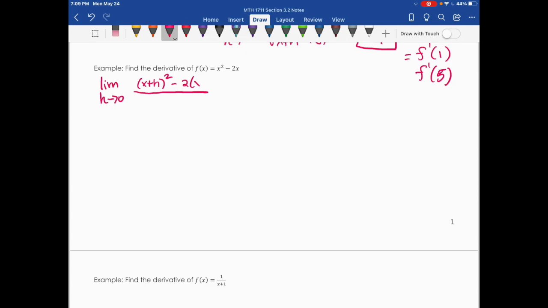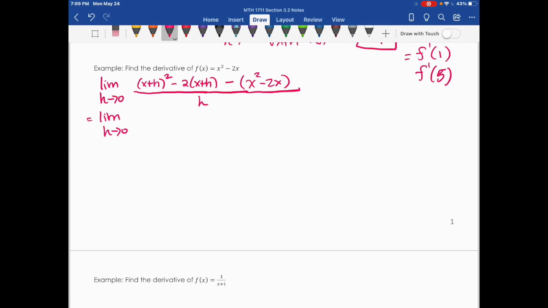So I'm going to have x plus h squared minus 2 times x plus h. So this is f of x plus h. Then I'm going to subtract my f of x. So I have x squared minus 2x, and that's all over h.